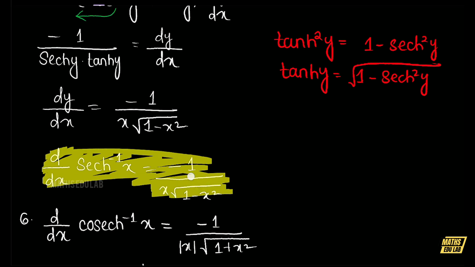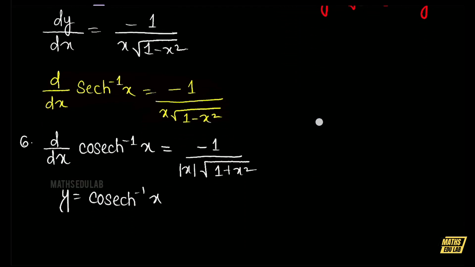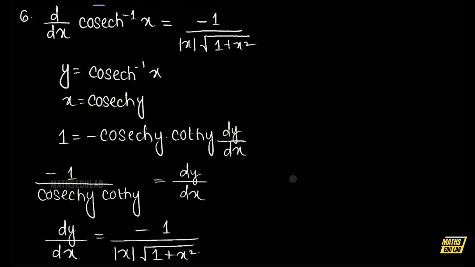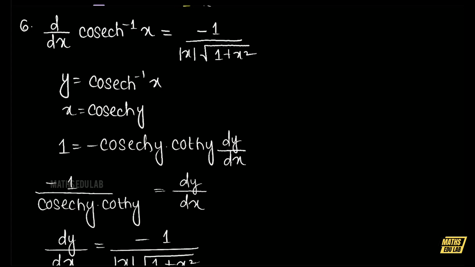Then the last one is about the derivative of cosech inverse x. Here it is given as minus 1 upon mod of x root over 1 plus x square. Now we take cosech inverse x as y, and then we can change this to x is equal to cosech y.